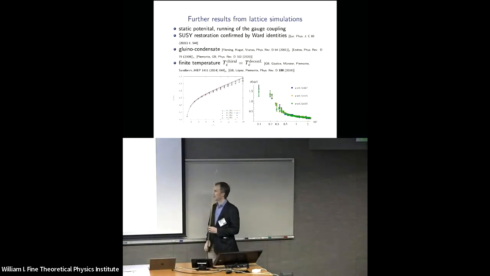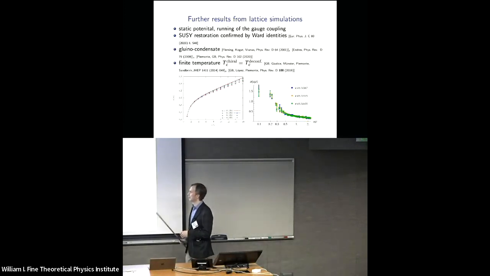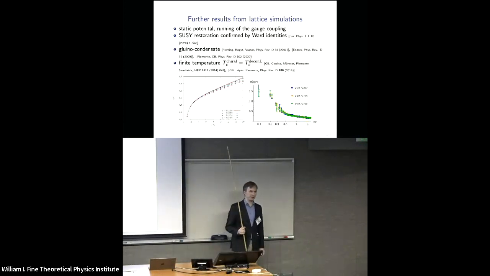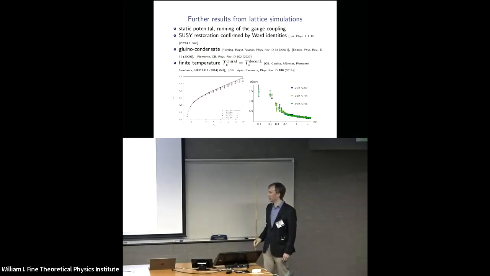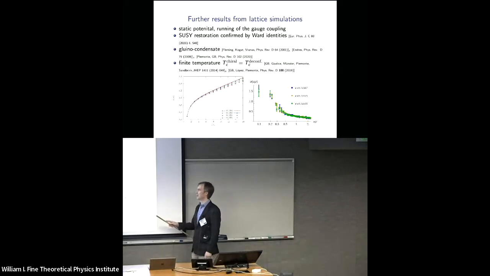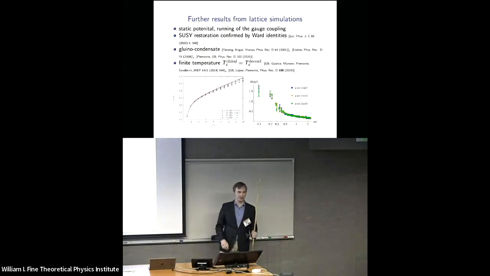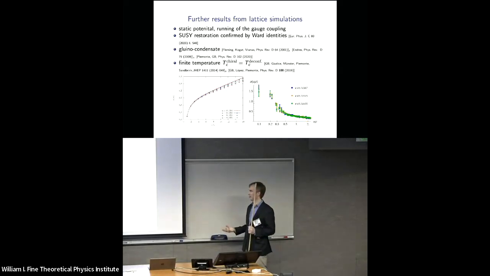There are also several determinations of the gluino condensate in supersymmetric Yang-Mills theory, which provide quite consistent results. There you have to be careful that some additional methods are needed, because with Wilson fermions you get not only multiplicative but also additive renormalization.